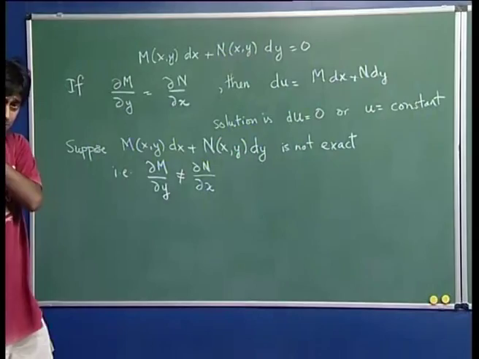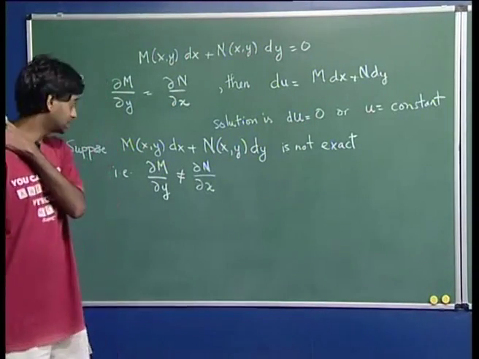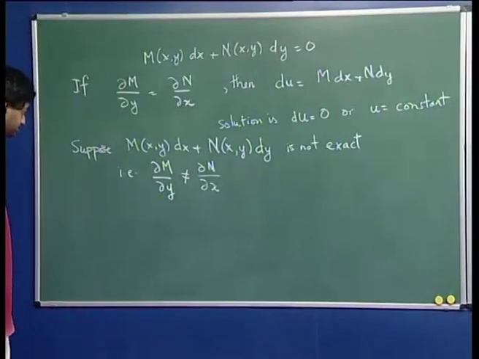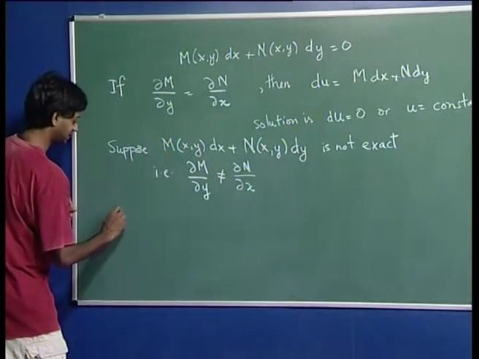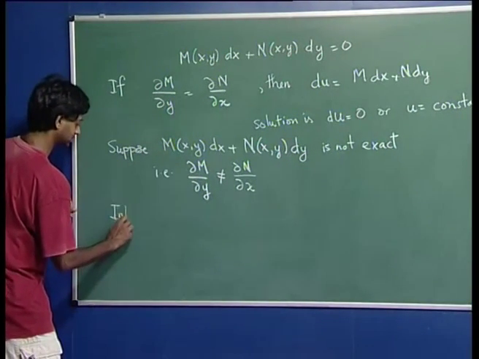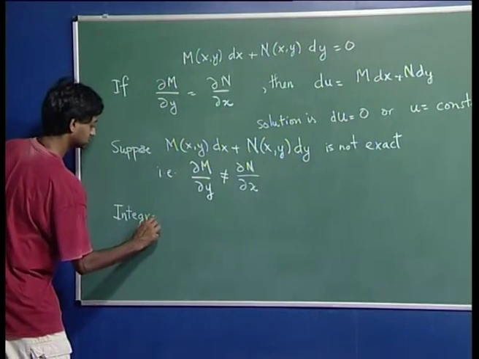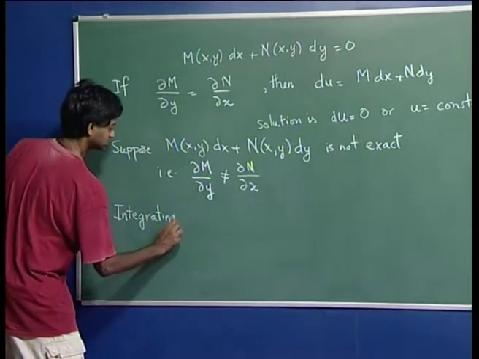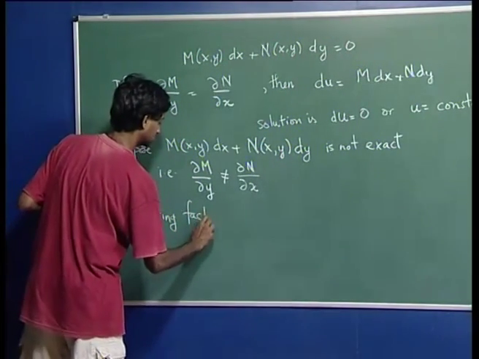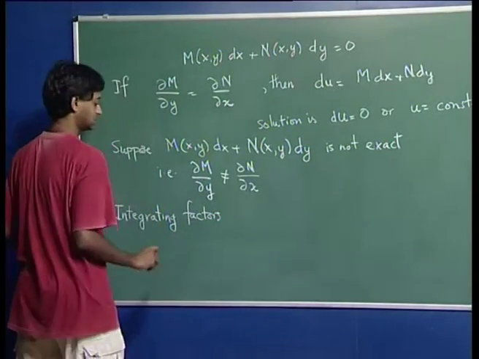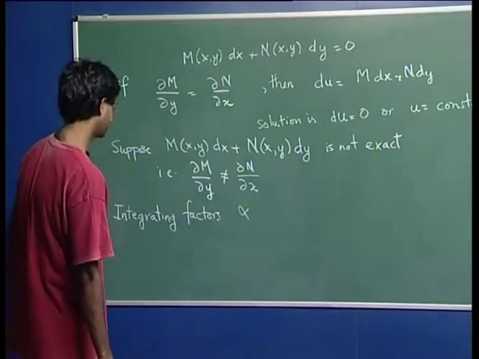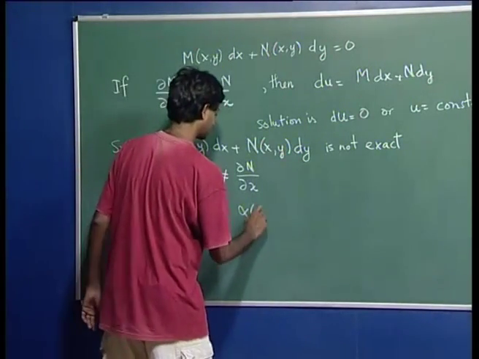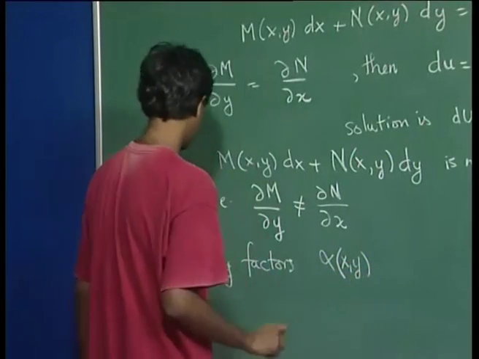If you have this situation, then it's possible to show that there exists a variety of integrating factors alpha, which is in general a function of x and y.